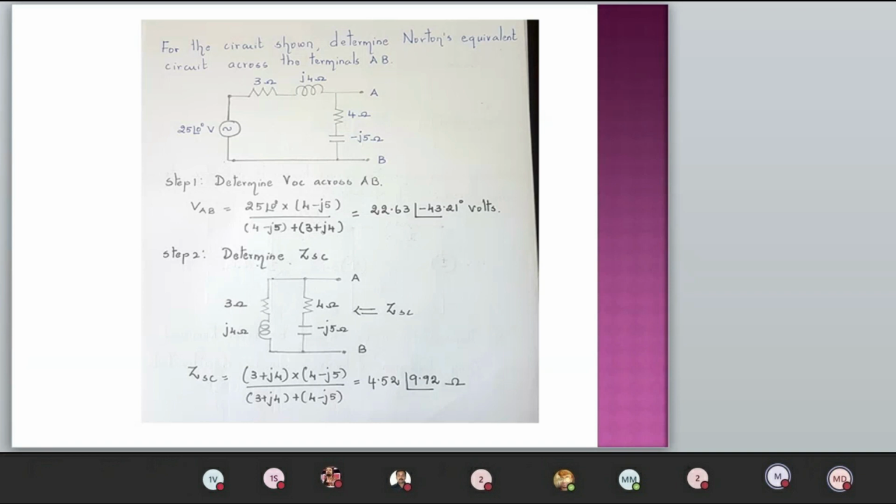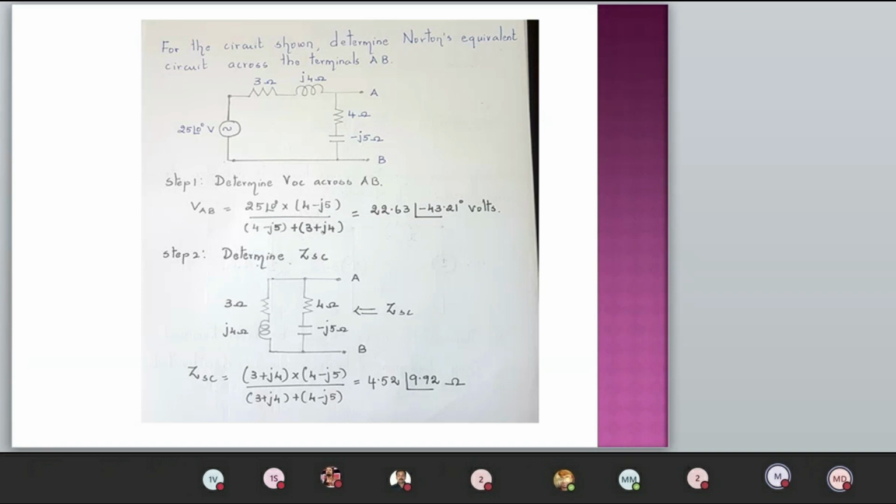So I'm using voltage division rule. See, dear students, one of the most important requirements in the GATE examination is that you need to utilize the time as best as possible. Okay, so here I can also utilize Ohm's law.